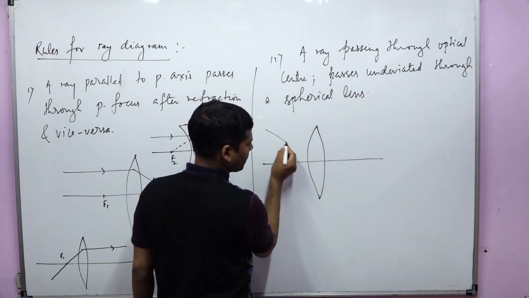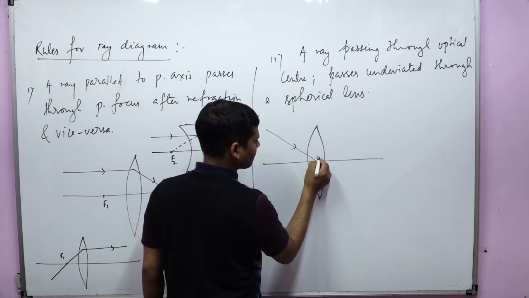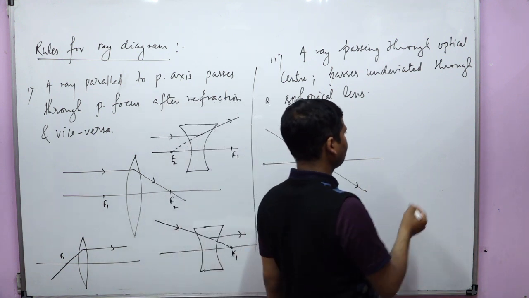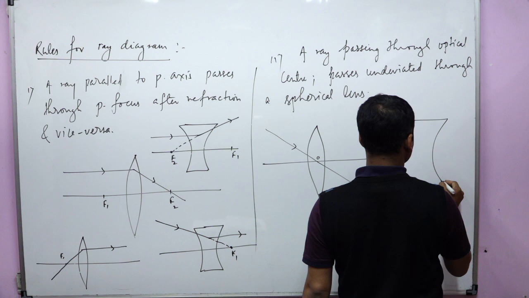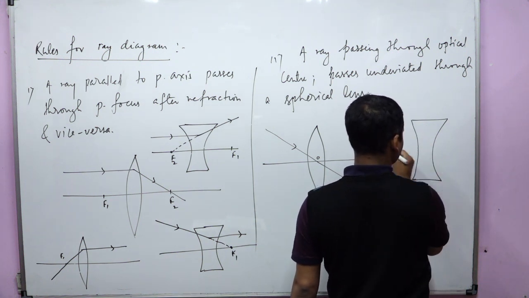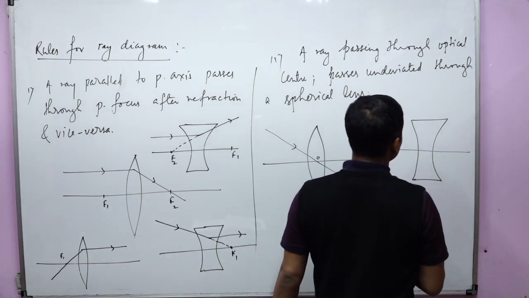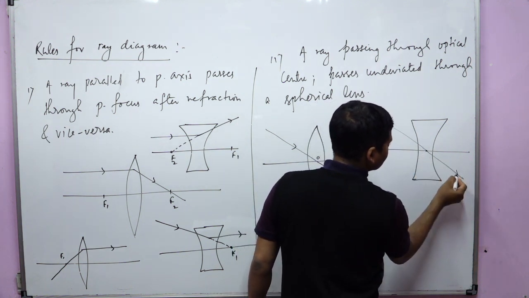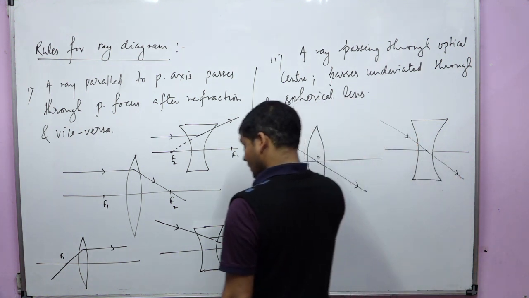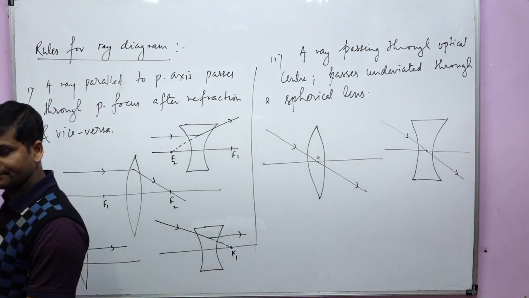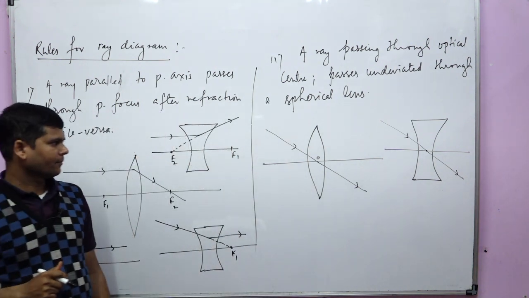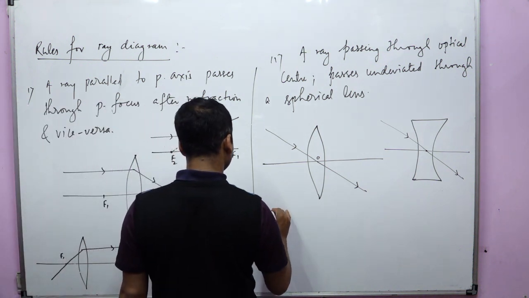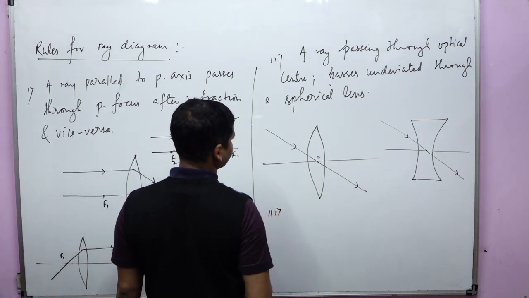If a ray is passing through the optical center, it will pass straight. This happens even in case of a biconcave lens. If it is passing through the optical center, it will pass undeviated. There is a third rule.